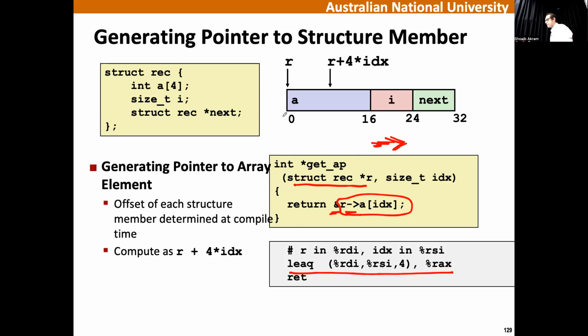These offsets here, 0, 16, 24, 32, they can be very easily encoded with the displacement in the address mode instructions. So RDI is the base address of the struct, plus RSI is the index into the array multiplied by 4 to access a specific element in the array. And once again, this is not safe. The programmer can say 5 or 6, and you will get something here, but C will not stop you. It will look like an array access.